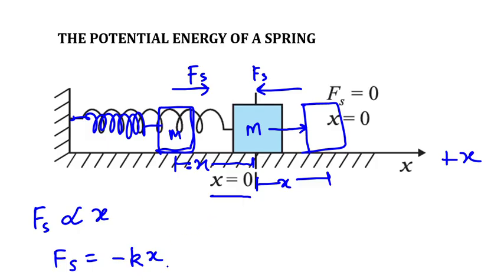So here we are going to add a negative sign. Why this negative sign? Because in this scenario the spring force is opposite in direction to the displacement. Okay. So this proportionality constant k is called the spring constant.